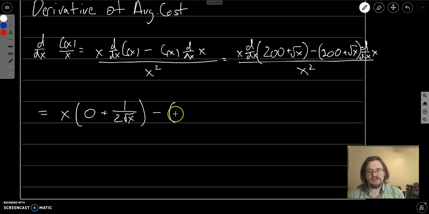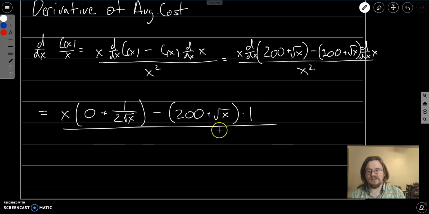And we're going to subtract 200 plus the square root of x times the derivative of x, but the derivative of x is just 1.